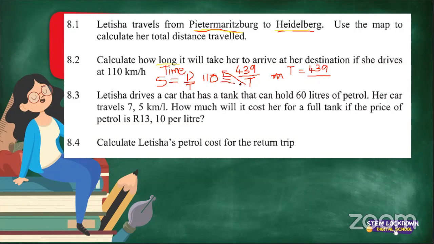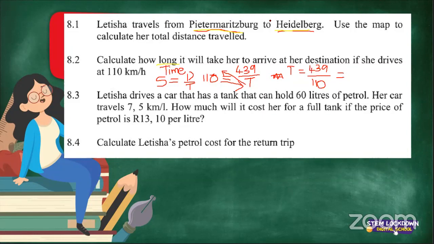If it goes across the equal sign, it will take this position there. Okay, so what are your answers?